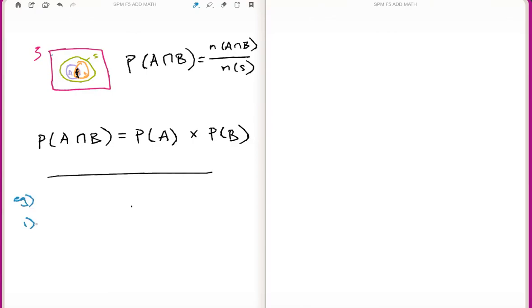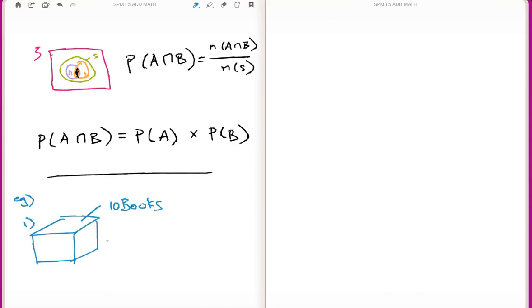Example 1. Again, maybe you have a box. Inside the box, you are given 10 books, so the sample size is 10.